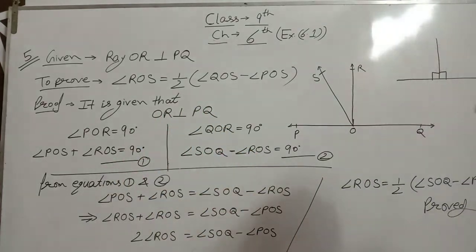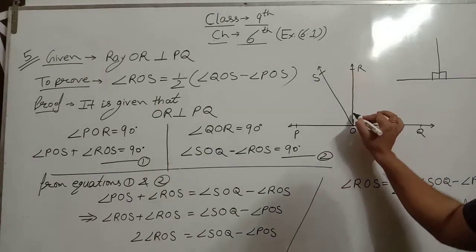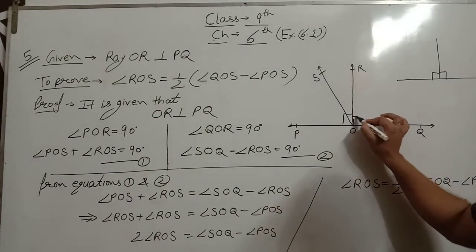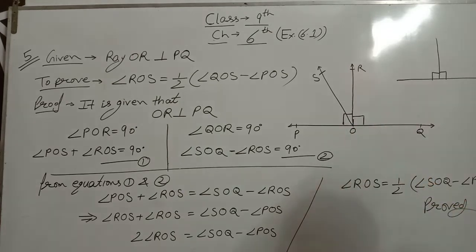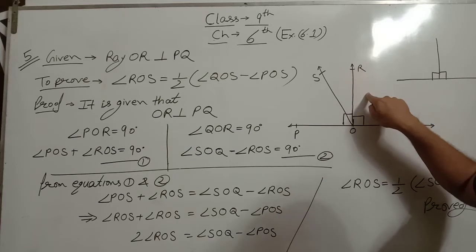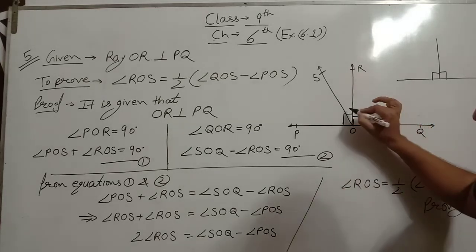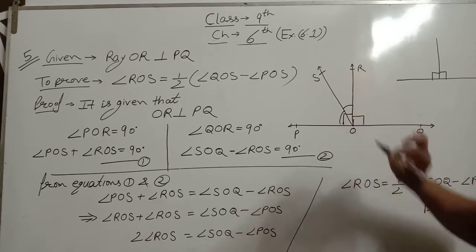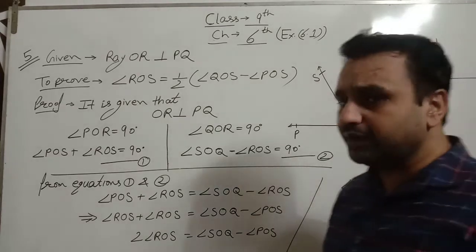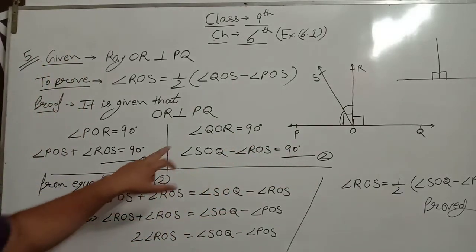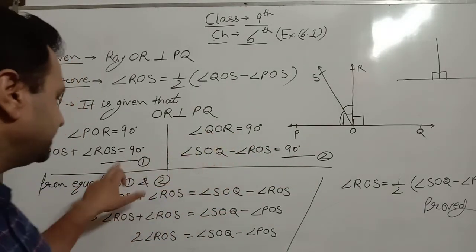In the first part, angle POR is equal to 90 degrees, and in the second part we put angle QOR equal to 90 degrees. Angle POR is 90 degrees, so we can say that the sum of these two angles is 90 degrees because angle POR is divided into these two angles. This is equation number 1.